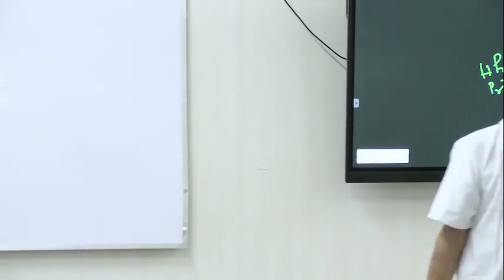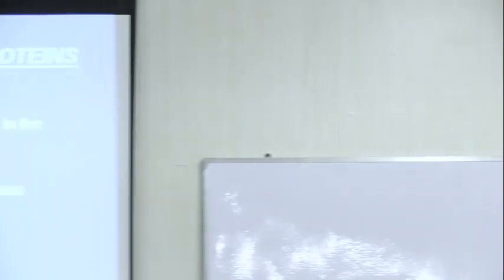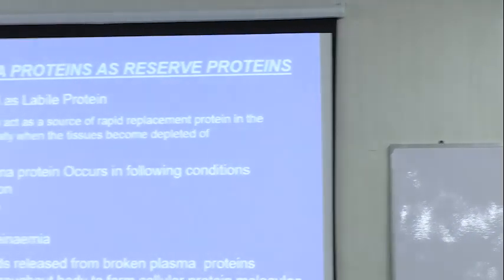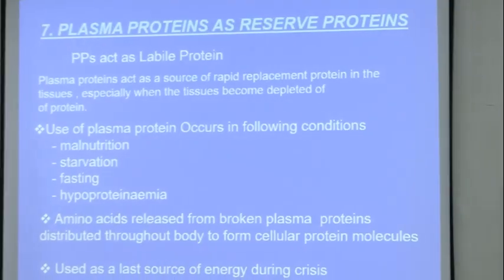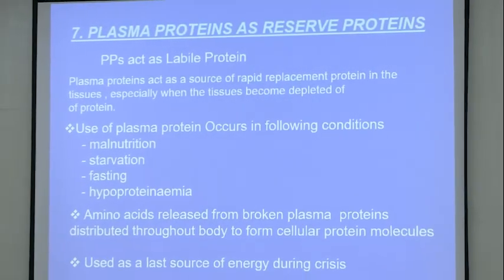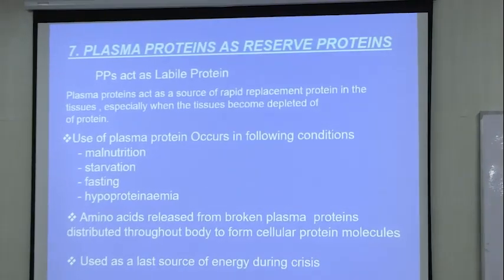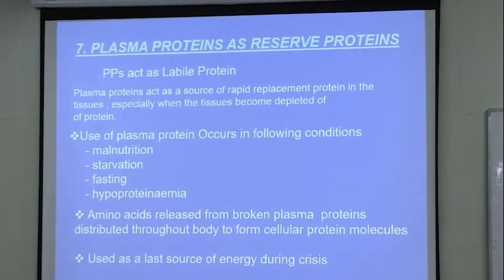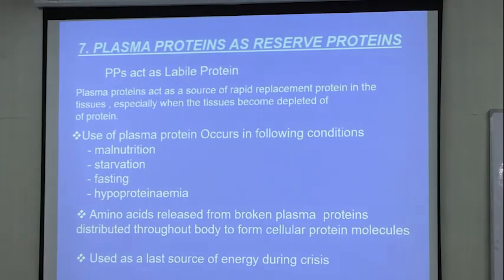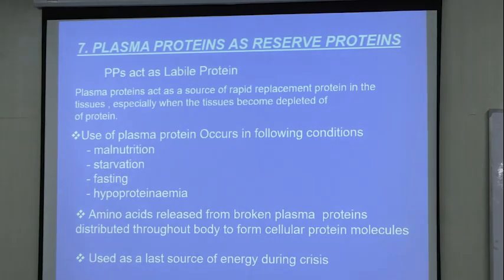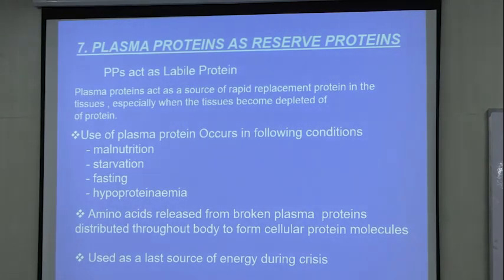Plasma protein also acts as a reserve. Suppose you are fasting, you are unable to take any food, but your body has to produce insulin, glucagon, and several enzymes. Protein has so many functions, and the functions have to be done.